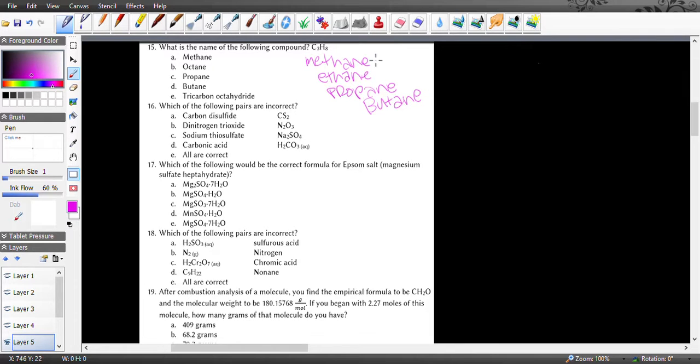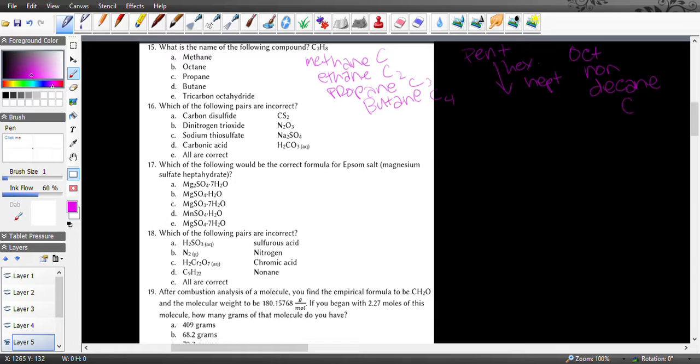Each one of these counts for the number of carbons. So this will have C2, C3, C4, then you go pent, and it goes on from there using your prefixes: pent, hex, hept, oct, non, and decane.